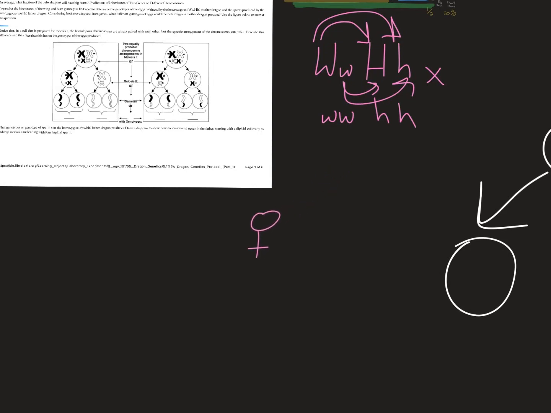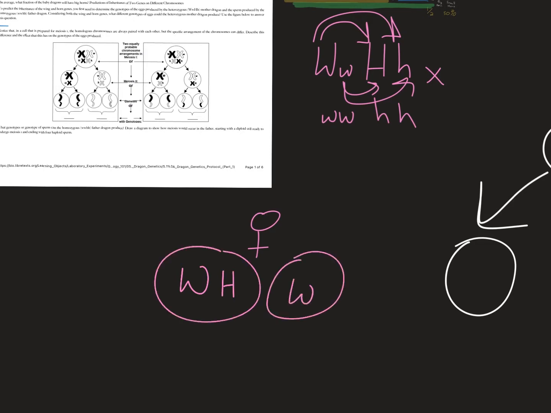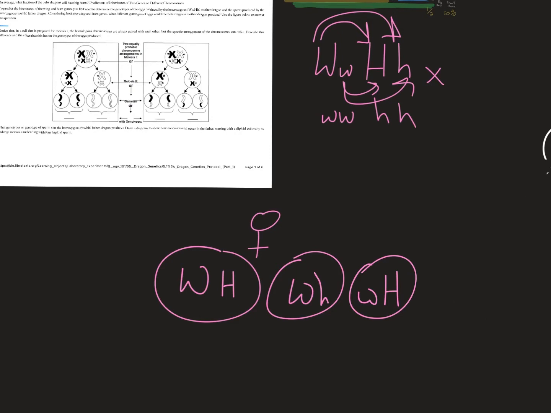Mom can produce big W, big H, that's one. Mom can produce big W, little h. Mom can produce little w, big H. And the last one, little w, little h.